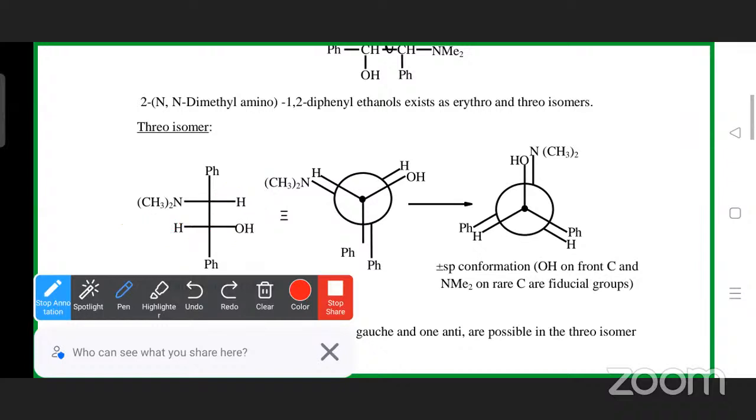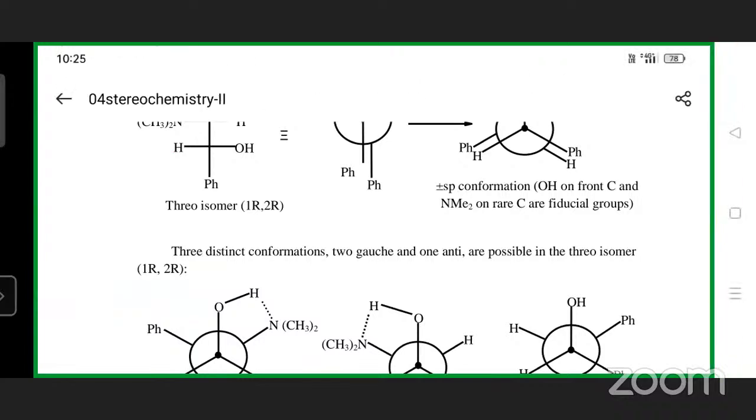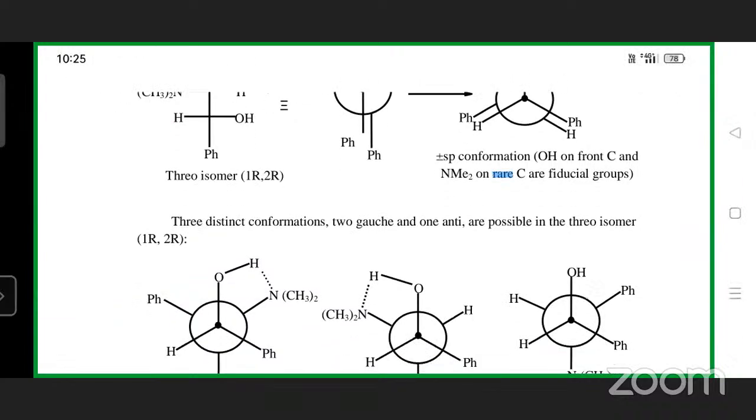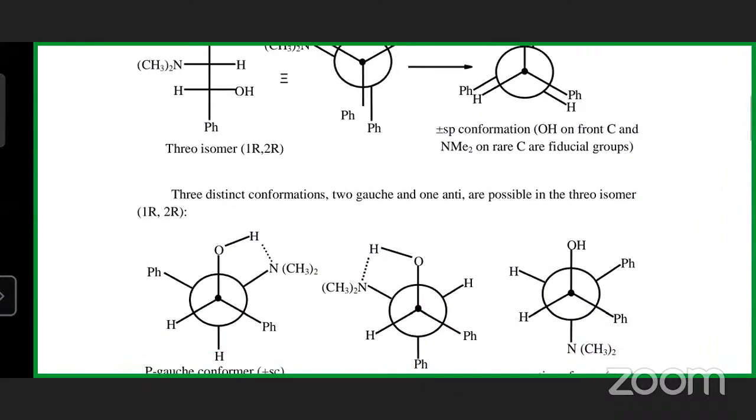When you convert this Fischer projection into a Newman projection, first we generate the eclipsed conformation, and generally the eclipsed conformation is the least stable. Always it is least stable only.